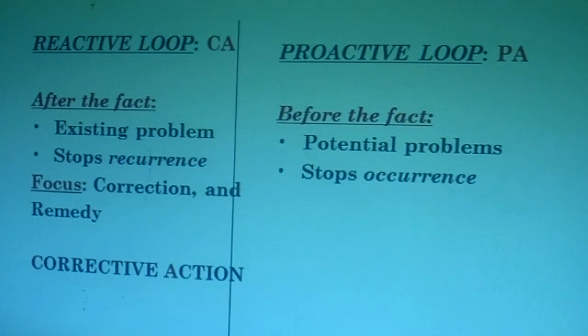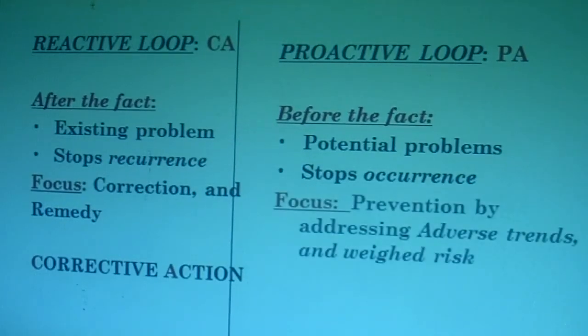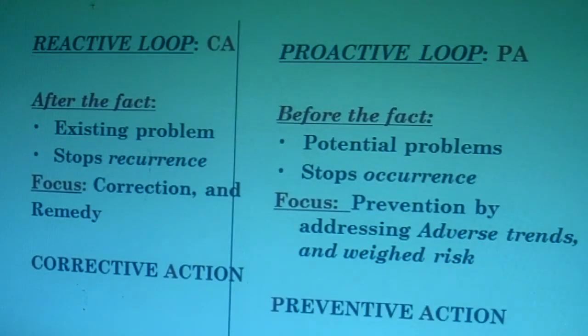Alright. One addresses before the fact, the other one is after the fact. That you got to know. Okay? The focus here is on prevention by addressing adverse trends and risk. And that's preventive action.